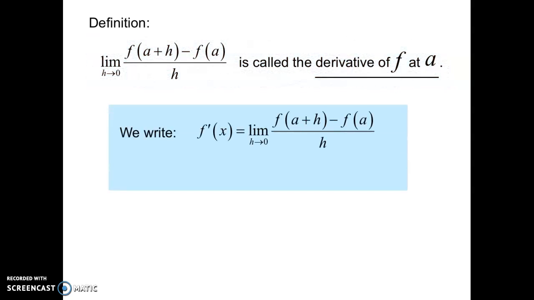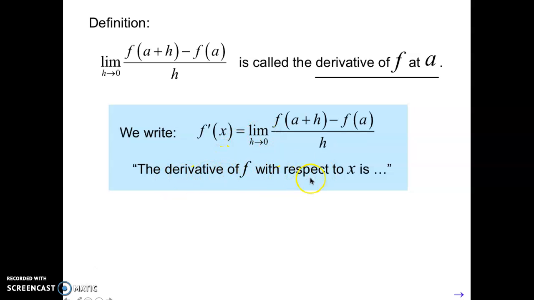We write this with this notation. Newton was a very lazy mathematician, and he came up with shortcuts and shorthand for almost everything that he did. For instance, he came up with this prime notation. It's actually said, the derivative of f with respect to x is given this.